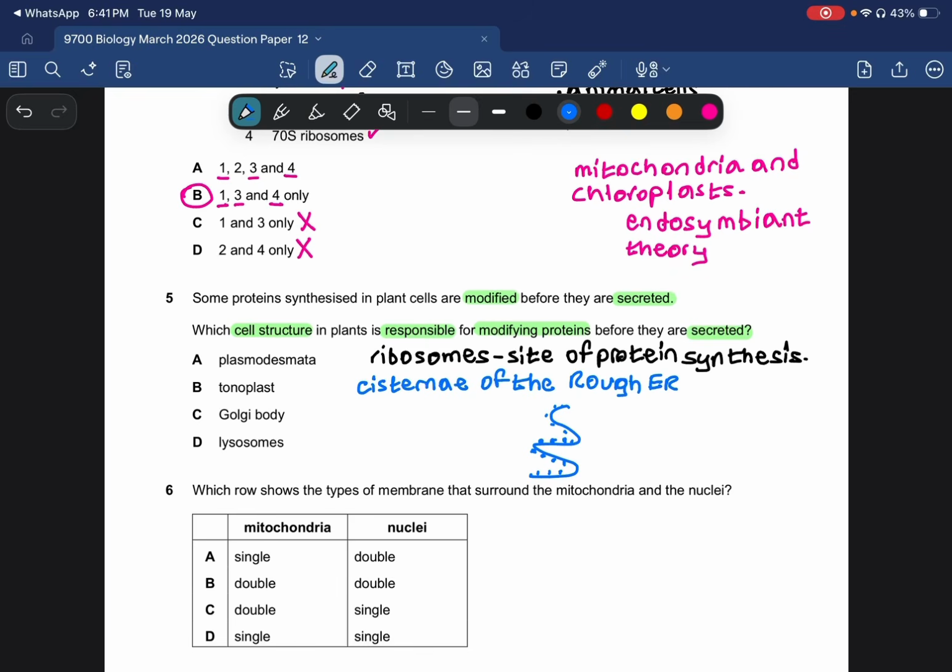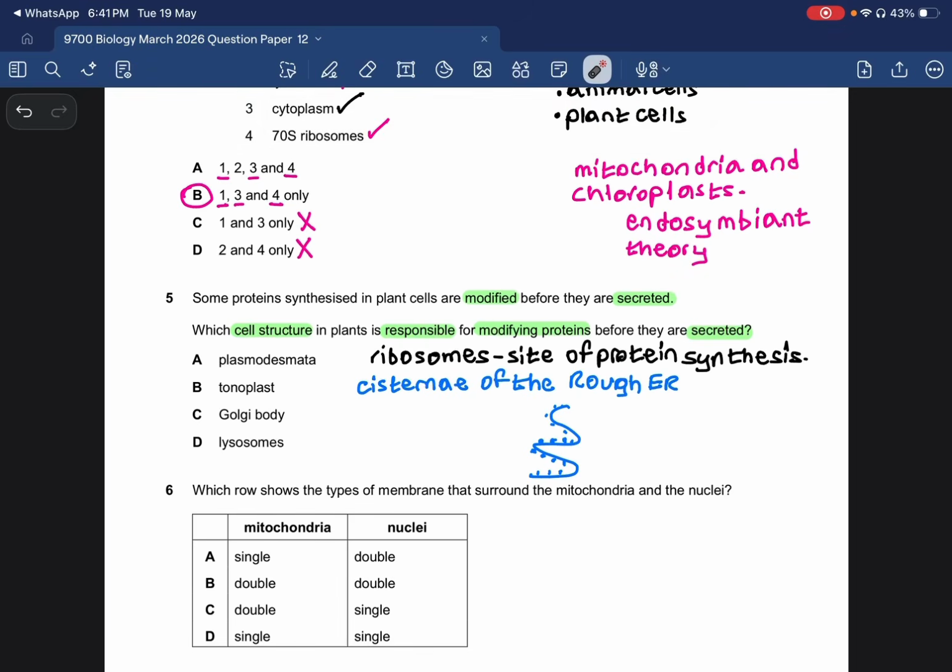But there's a problem. What's that problem? When the proteins are being made in these ribosomes, they cannot currently be used. They're not in a state of being used. So, for example, I know this is a very unrelated example, but let's understand this. Let's say your house is being renovated, and the painter puts the first coat of paint on the wall.